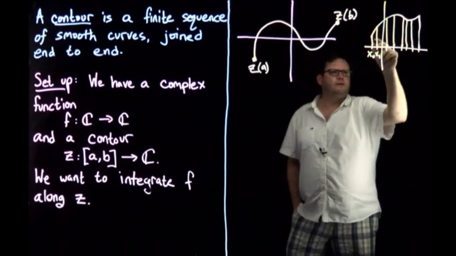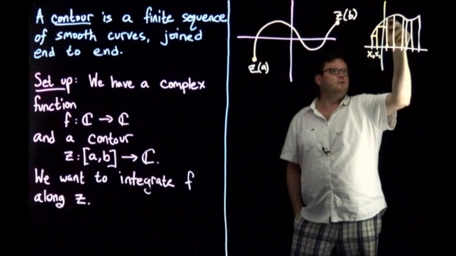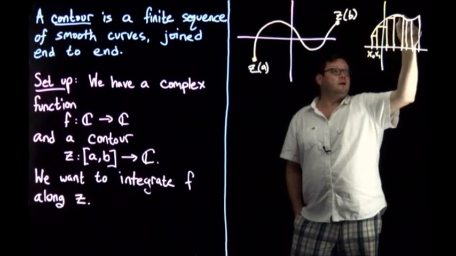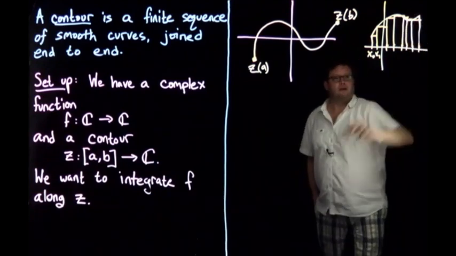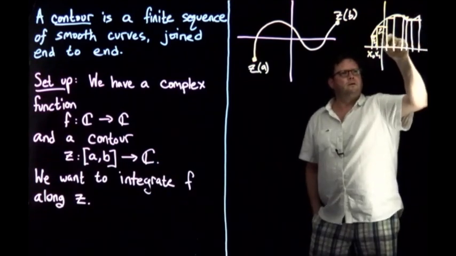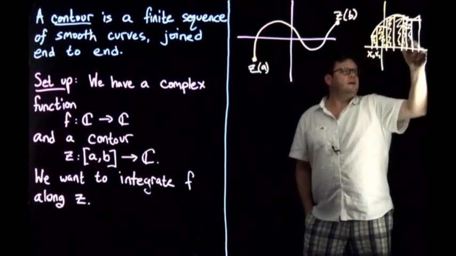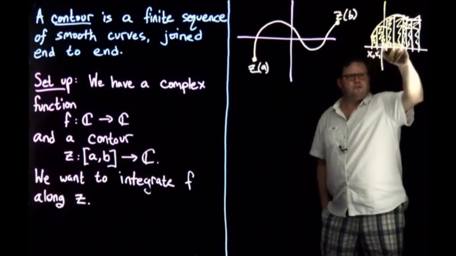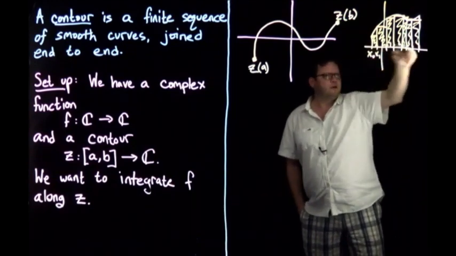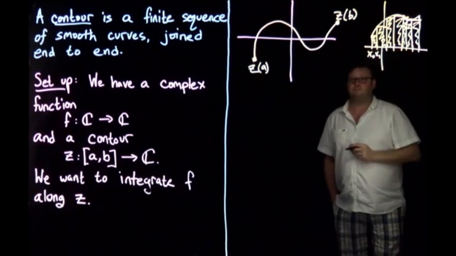And we can form the rectangle either going, say, to the left or to the right. You've seen this. There are many ways to make these rectangles. And then we would sum their area. That would be the Riemann sum. And if our function is nice enough, we take the limit as the number of these little dividers that we put in goes to infinity, and that approaches the integral.